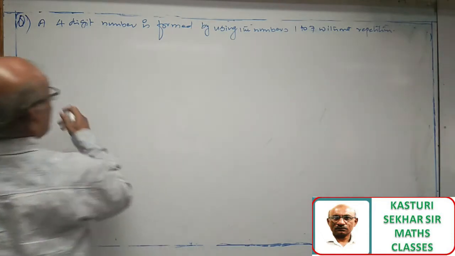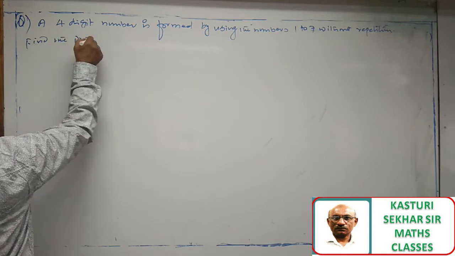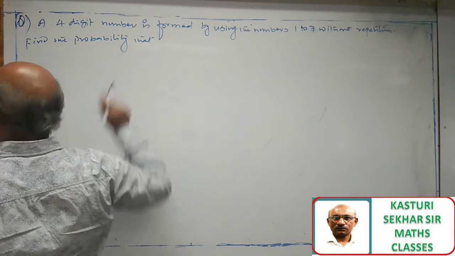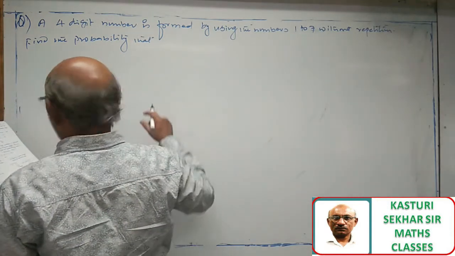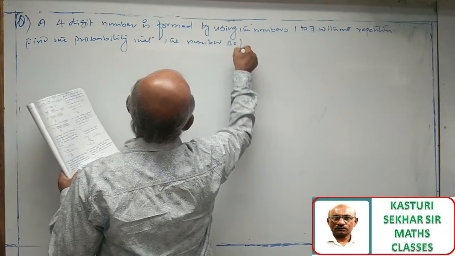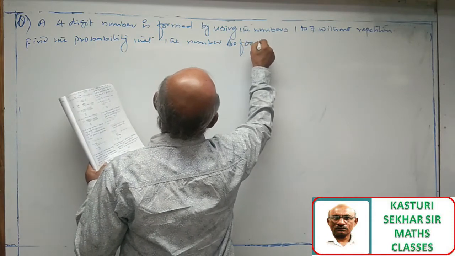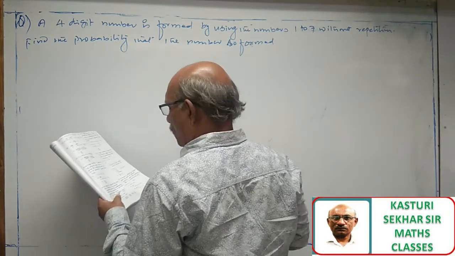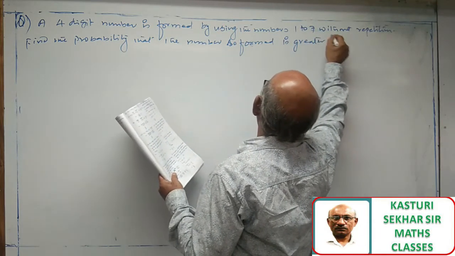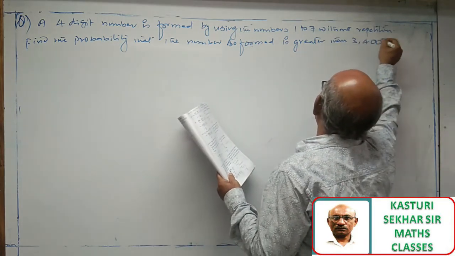Find the probability that the number so formed is greater than 3,400.